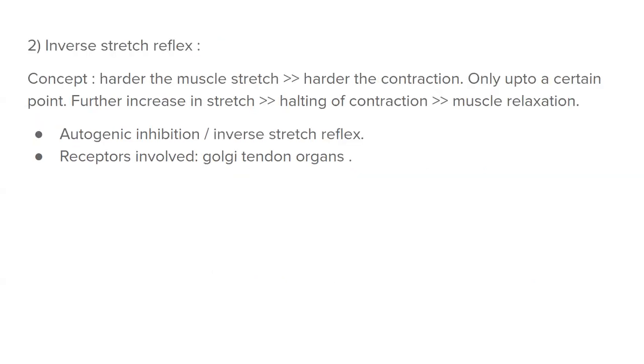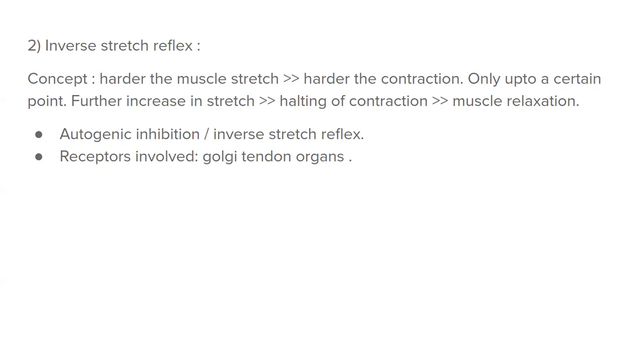Now the inverse stretch reflex is the one which explains the mechanism of a Golgi tendon body. The organ here at play is a Golgi tendon body, which is present at the junction of the muscle and the tendon. So the whole point of this is, like I told you, if you keep stretching the muscle, it's going to tear.